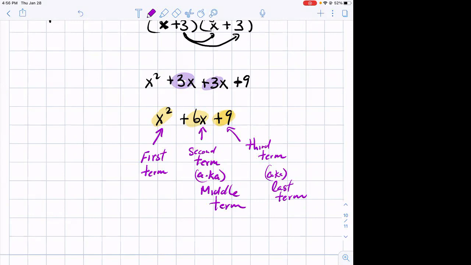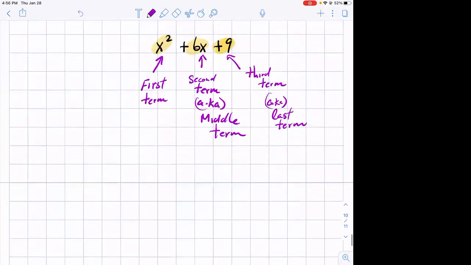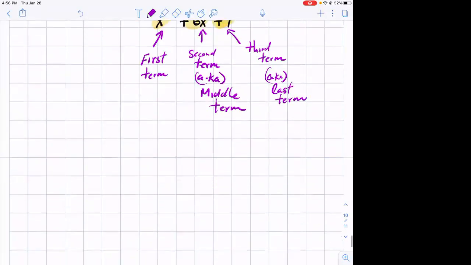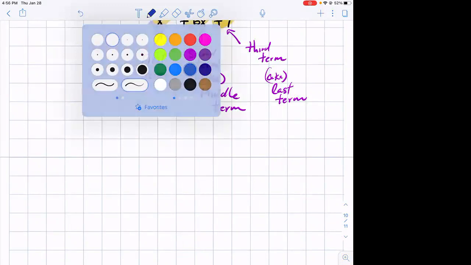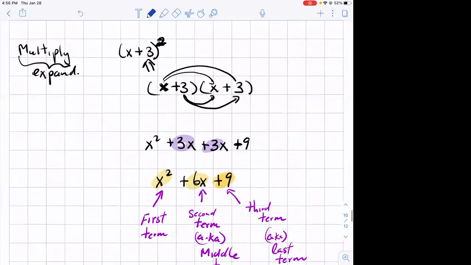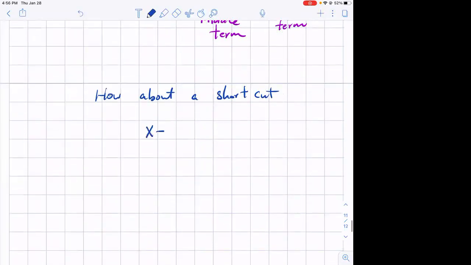Now, if you look at what we had before, how about a shortcut? We had x plus 3 squared.